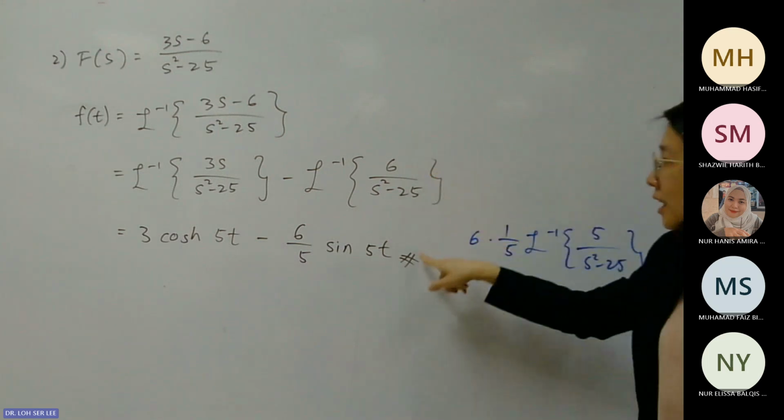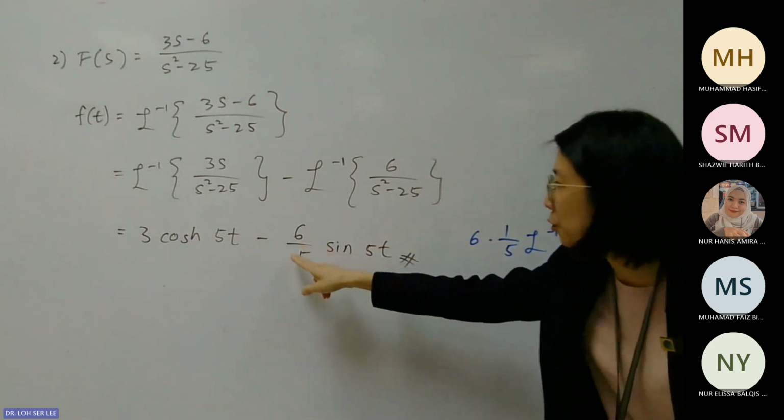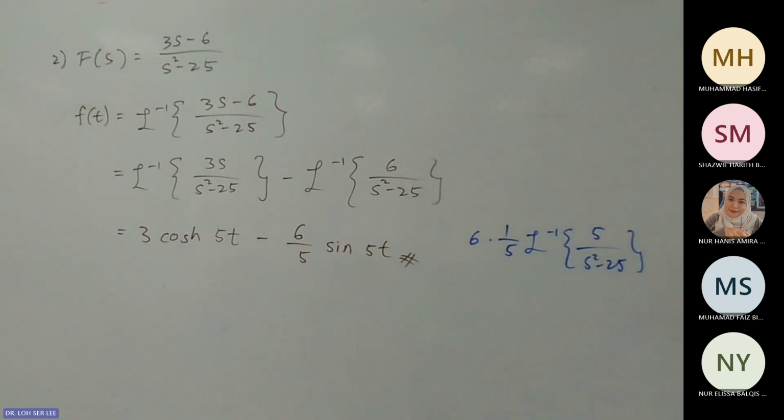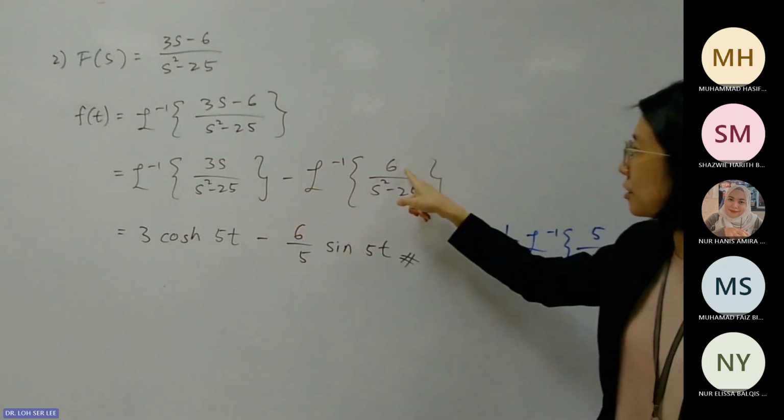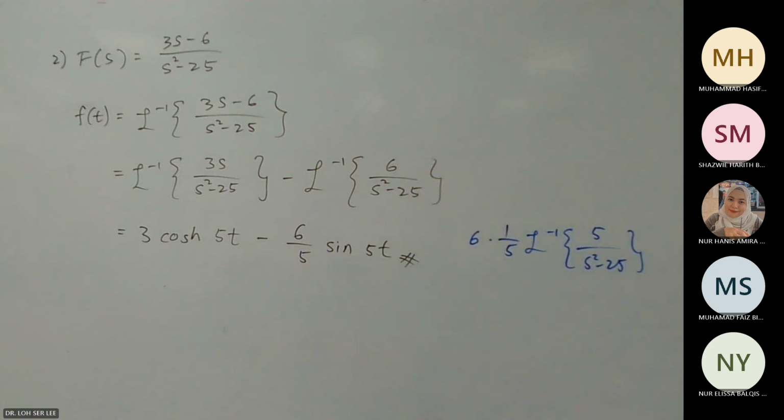So if you want to write down the answer directly without this step, make sure you do not forget about the value that you insert into the function, then you divide outside. Normally, students make careless mistakes here. They take out the value, then forget to divide by the value that they insert into the function. So if you want to skip this, make sure you remember to divide outside with the value that you inserted into the function.